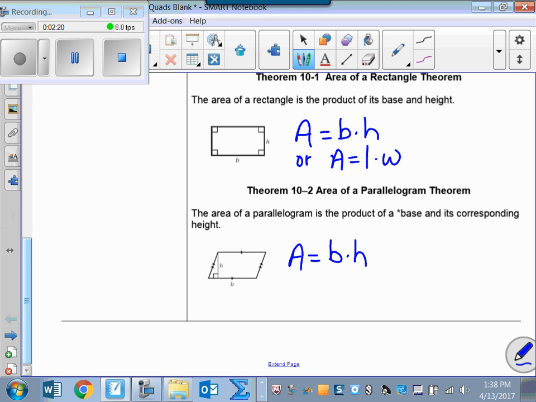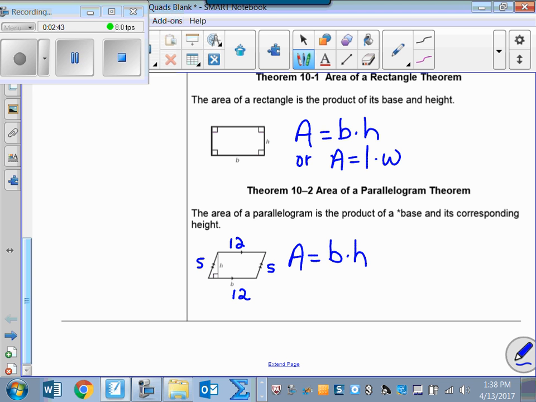Now what you have to remember is, if I just know the lengths, let's say for instance that I knew these two sides of this parallelogram were 5 units long, and these two sides were 12 units long, I don't know the height, because remember the height has to be perpendicular to whichever one of those I choose as my base.